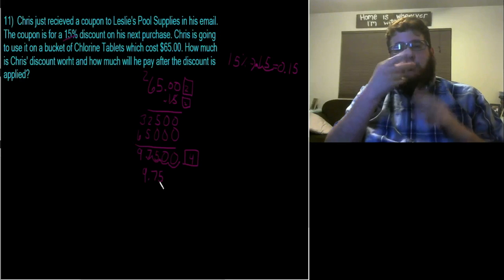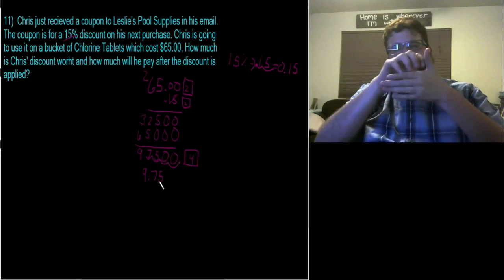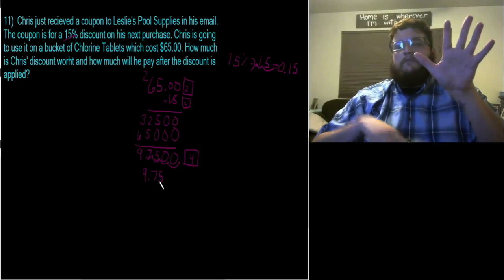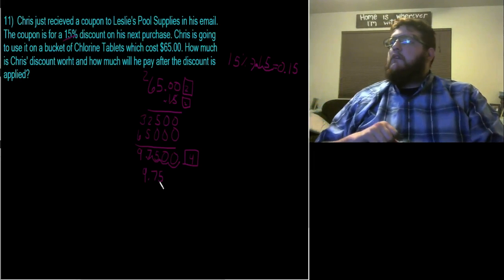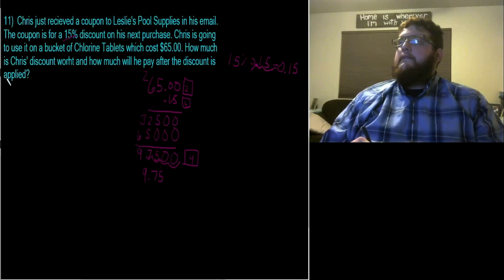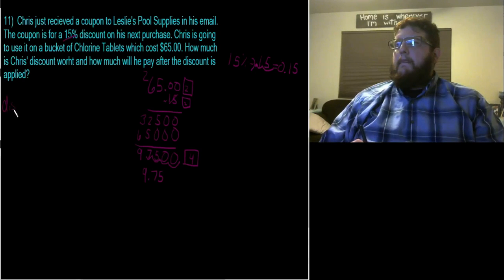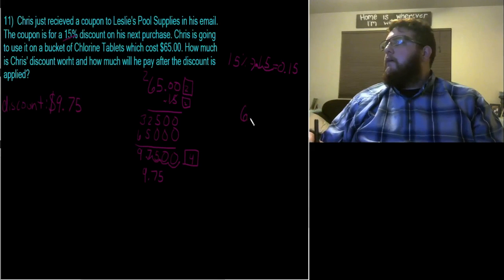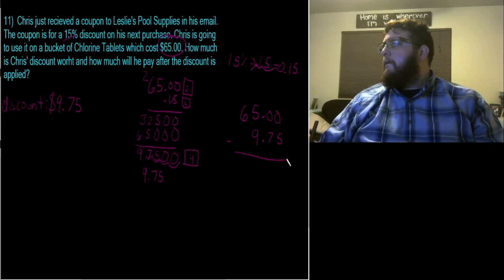So in tax and tip, we added this to our cost, but in discount, we have to subtract it. We have to take our cost, $65, and subtract our discounted amount, which in this case is $9.75. So first we'll label our discount, which we just found out was $9.75, and we will subtract $9.75 from 65.